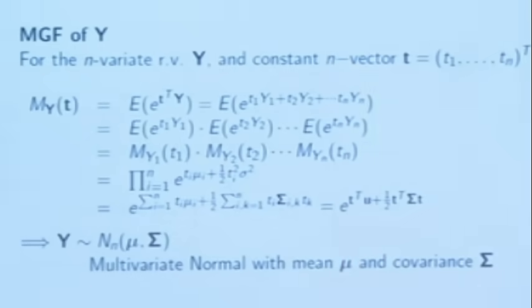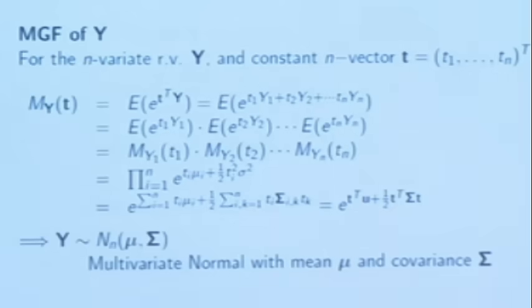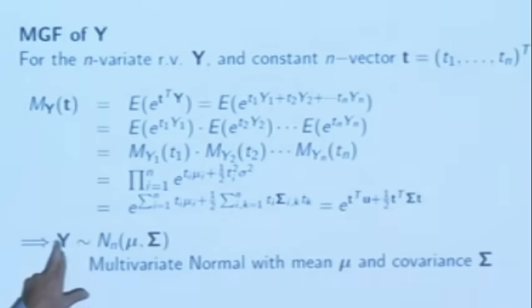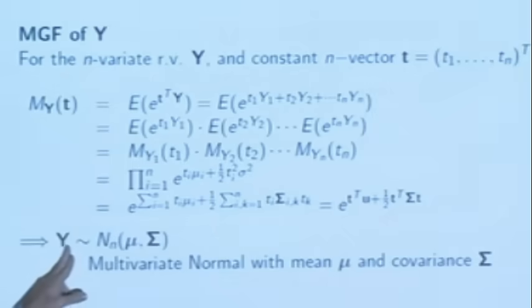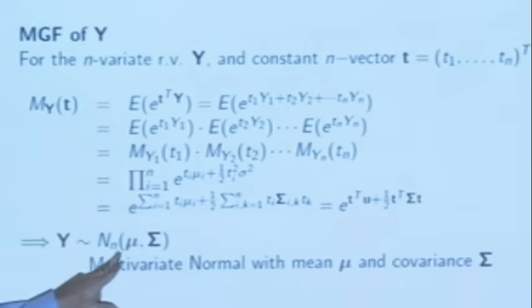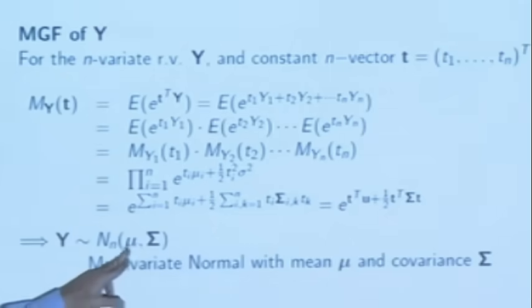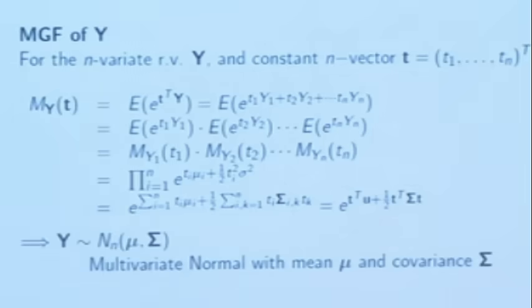And this happens to be the distribution of y: a multivariate normal with mean mu and covariance matrix sigma.